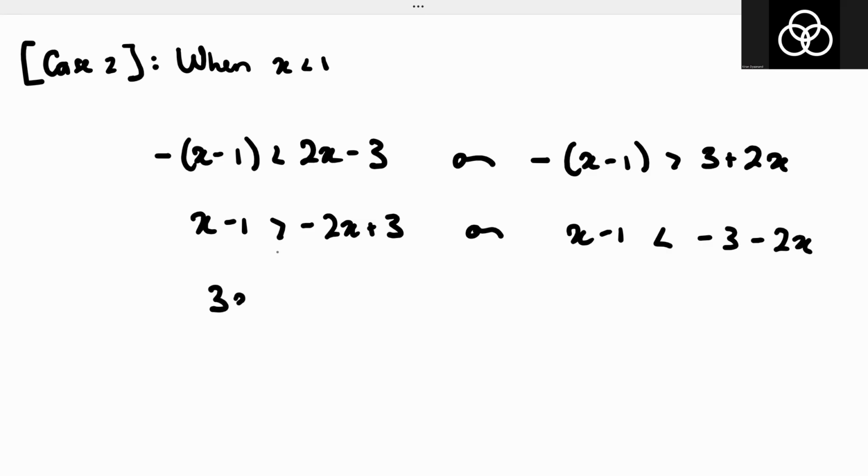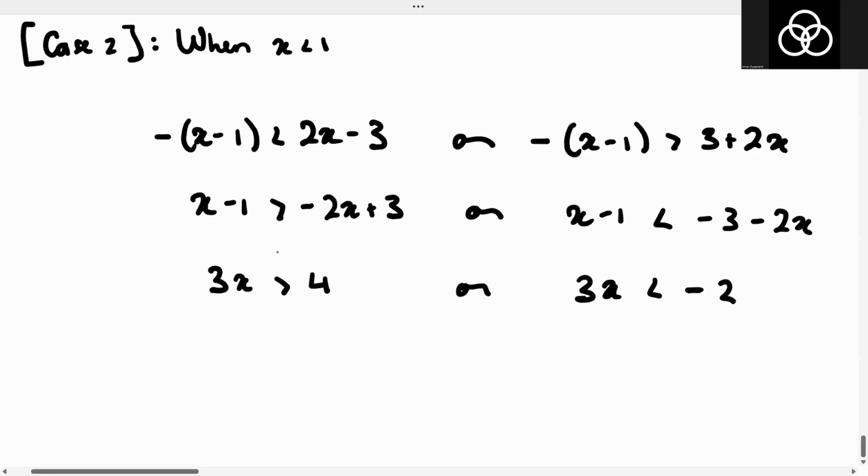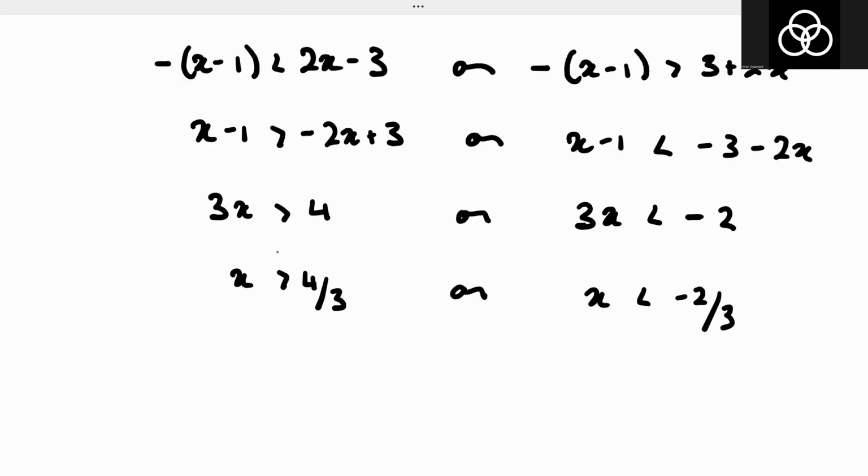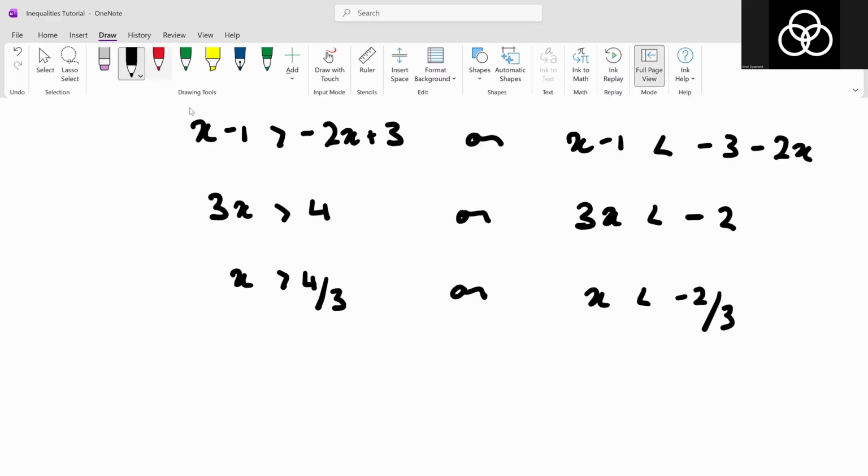So we have 3x is greater than 4, or 3x is less than minus 2. And in this case, x is greater than 4 over 3, or x is less than minus 2 over 3. We have another contradiction.